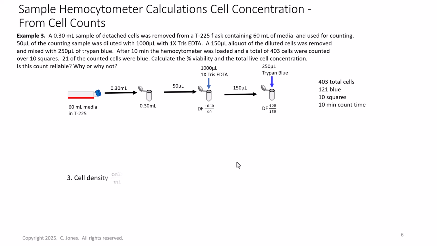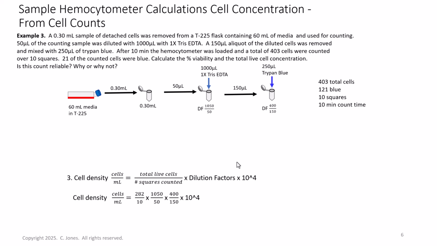Okay. Cell density, cells per mil, equals total live cells divided by the number of squares counted times the dilution factors times 10 to the fourth. Okay. So cell density is going to be total live cells, 282, divided by 10, times 1,050 divided by 50, right? That's perfectly fine.